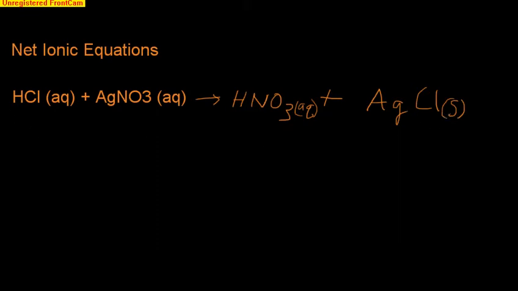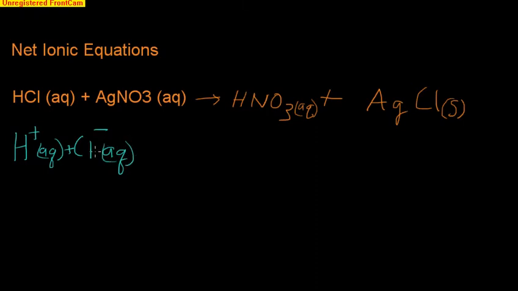So if we come down here, we'll put these into their ionic forms. HCl, aqueous, is going to break into H plus, and we're going to keep the aq on that, and Cl minus. So we'll put a plus there, and then an aq behind that.